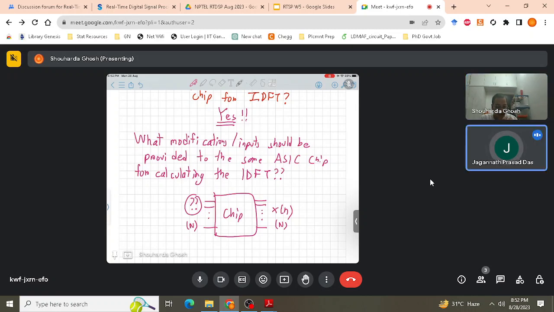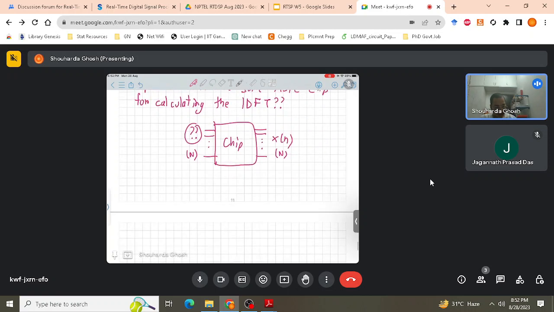X of k. Well, if you look at what the chip does, the chip does something equal to summation over some index equal to 0 to N minus 1 of the input times W_N to the something.